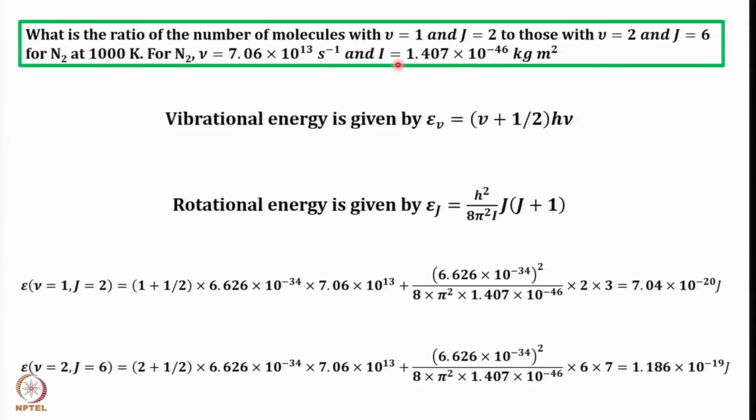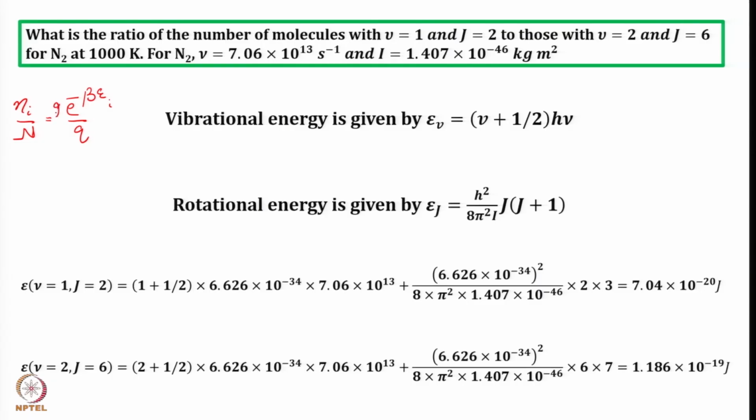When we talk about how to evaluate the number of molecules, we have an expression Ni upon N is equal to exponential minus beta Ei over Q. Now remember that if there are more than one energy states corresponding to a particular level, then that particular level is 2-fold, 3-fold, or in general g-fold degenerate.